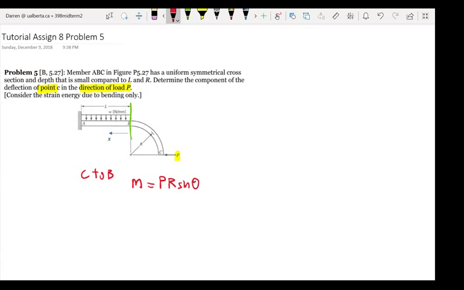R sine theta is the moment arm that changes from point to point along the curved beam from C to B. And the derivative of the moment with respect to P is r sine theta.